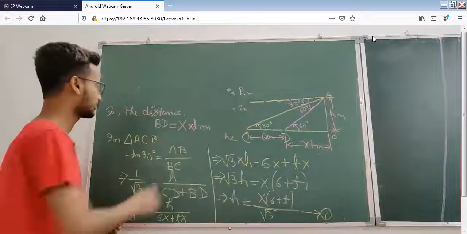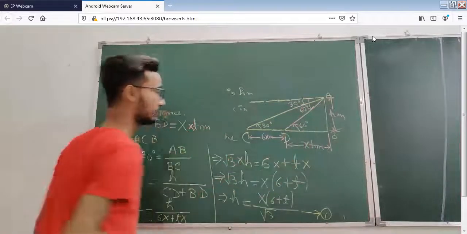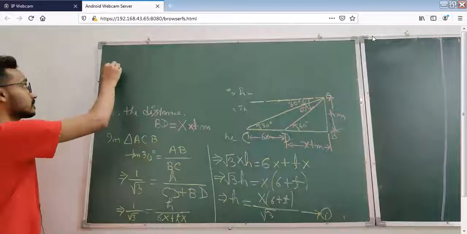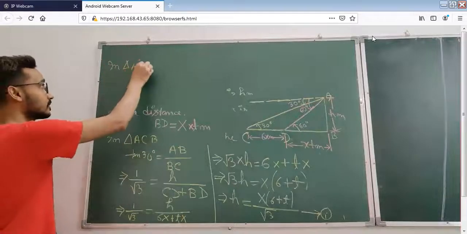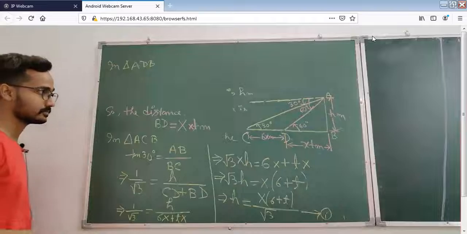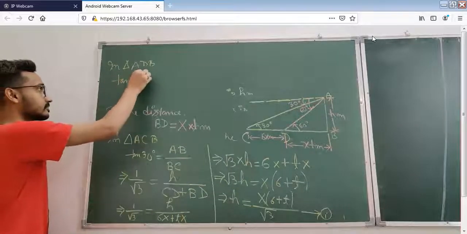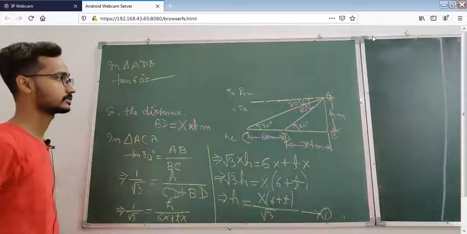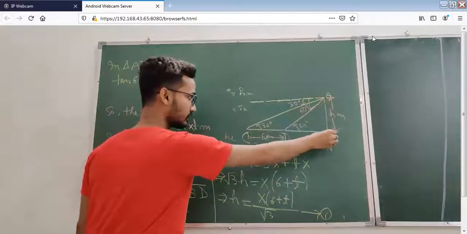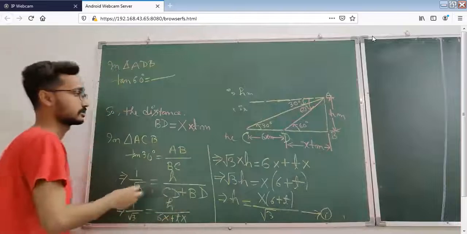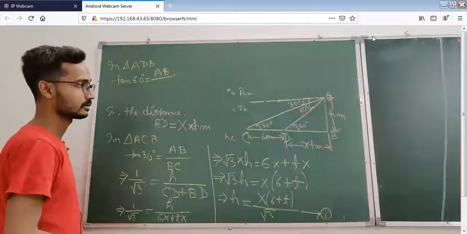Now see, again, if you take the right angle triangle ADB, in triangle ADB, tan 60 degree, for this angle AB is your perpendicular and BD is your base. So AB by BD.